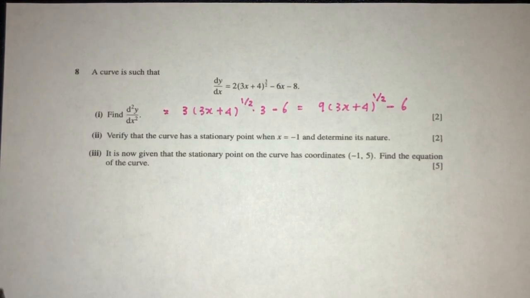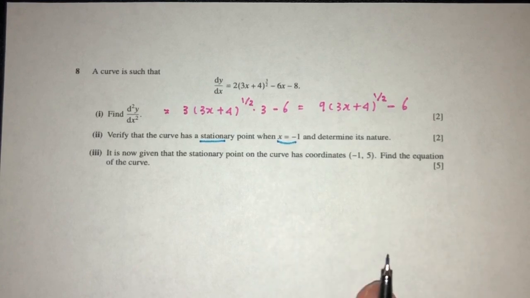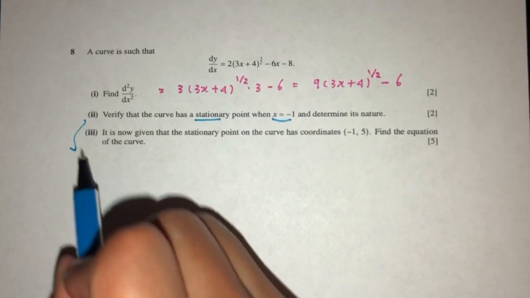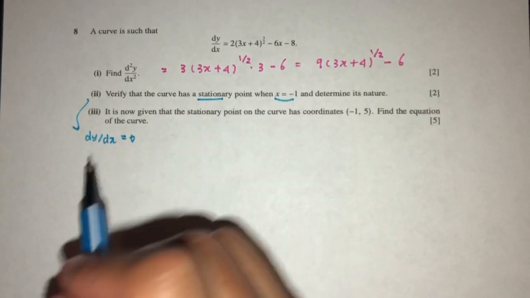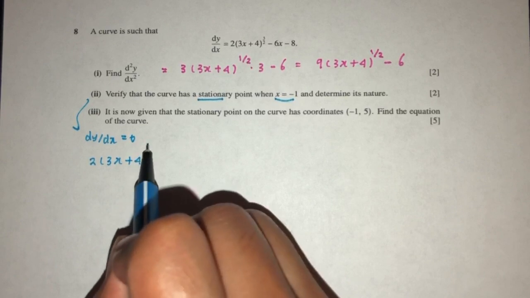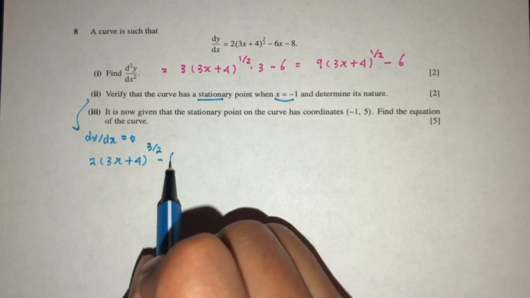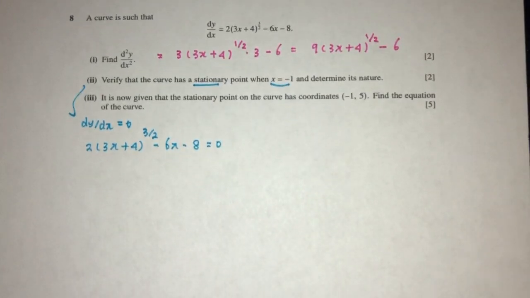Now for part 2, we have to verify the curve has this stationary point when x equal to this. So let's find out. We know when this happens, dy by dx has to be 0. So let's equate. We have 2, 3x plus 4, 3 over 2 minus 6x minus 8 has to be 0. Now we can try to simplify this, or we can just replace the value inside.